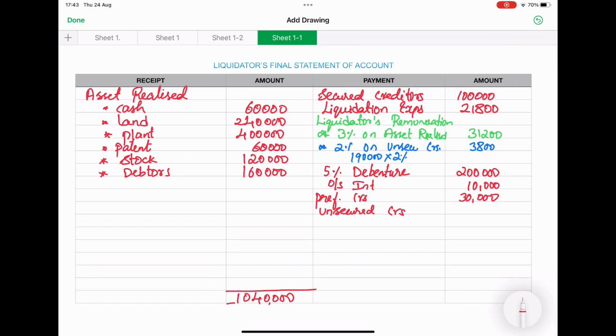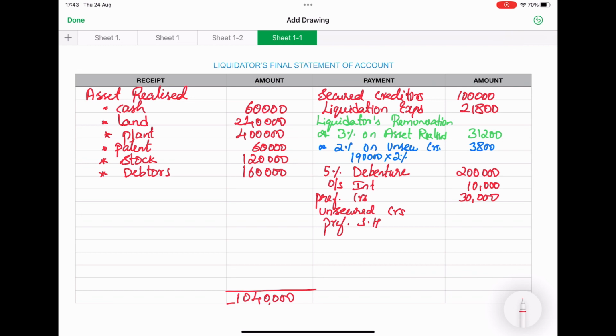Yes. So after paying preferential creditors, next we are going to pay whom? We are going to pay preferential shareholders. So how many preferential shareholders do we have? We are going to pay them the full amount because we are having excess value, isn't it?